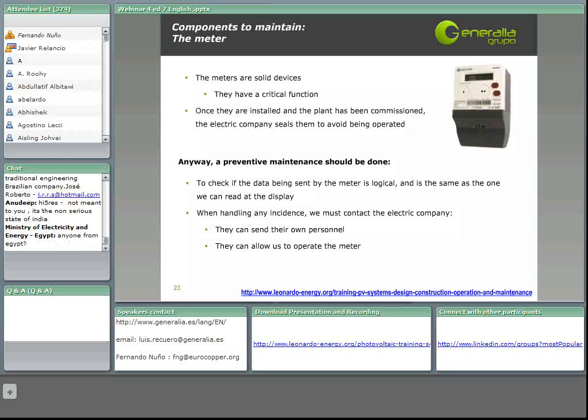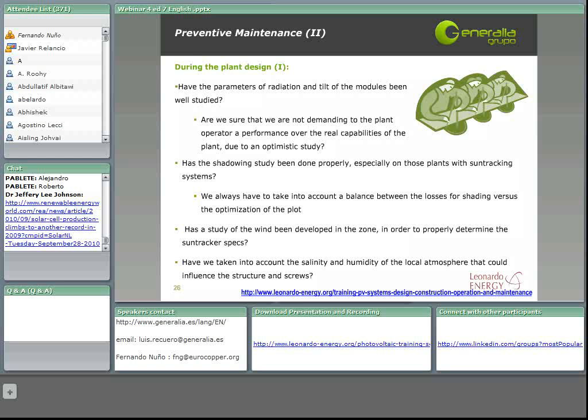We will do it as a checklist that you can use when facing a new project. So, we will start with the preventive maintenance during the plant design. We should answer 10 questions that we are going to go through during the next 3 slides.